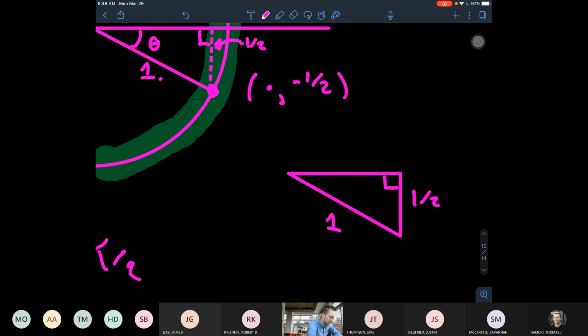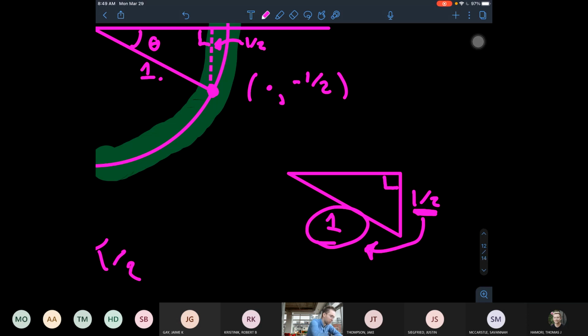Less confident. Okay, well, I get the side length of the hypotenuse by taking this side length and multiplying by 2. So that maybe reminds us of a special right triangle.